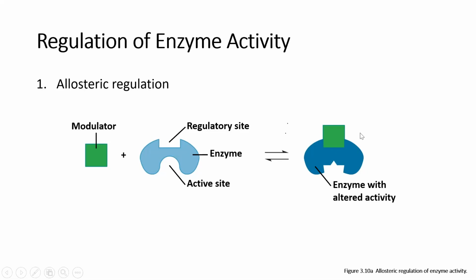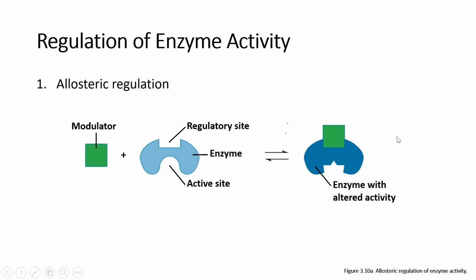So the modulator could be sensitive to maybe substrate concentration, maybe product concentration, maybe some other chemical factor, and it's going to turn the enzyme on if that's going to be a favorable outcome depending on that factor. And it can also turn the enzyme off if that would be a favorable outcome as well.